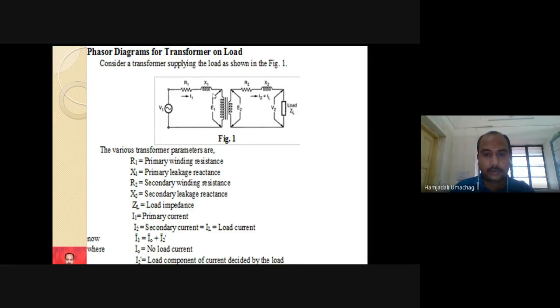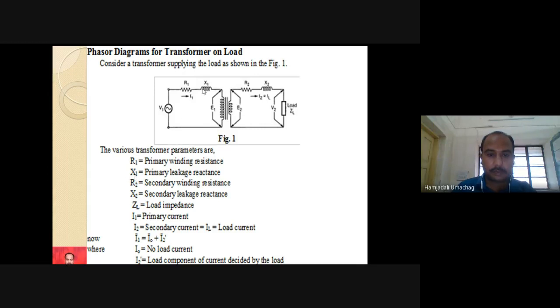So you have to incorporate all those values here. Now, first you should draw this circuit diagram, and you need to write all those parameters. What are all those values? The various transformer parameters are R1. R1 is the primary winding resistance.